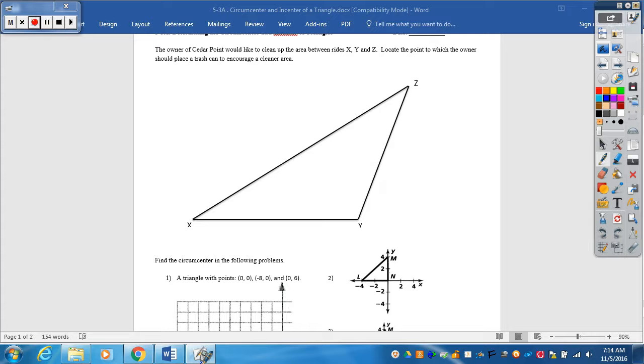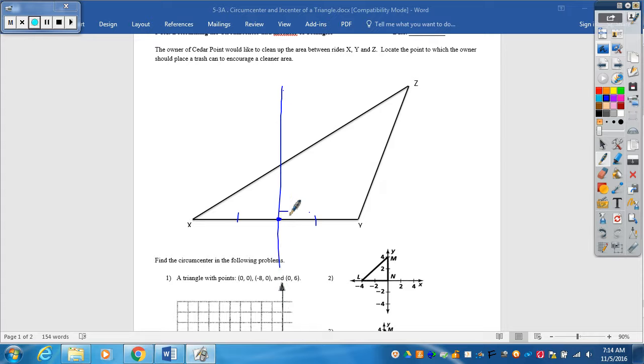Well, what I'm going to do first of all is I'm going to estimate where the middle of this line is going to be, okay, the midpoint right here. All right, and I'm going to make a mark here and a mark there just to show it's the midpoint. Now, yesterday we said if we go ahead and draw a perpendicular bisector in from this point, so if I have a straight edge, I'd probably want to use it right now.